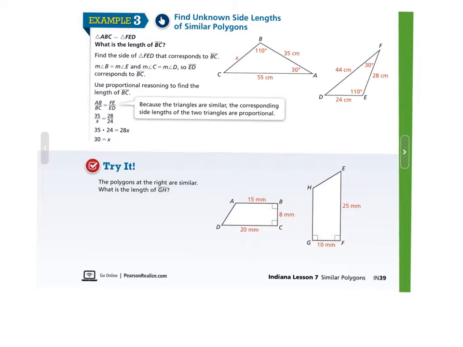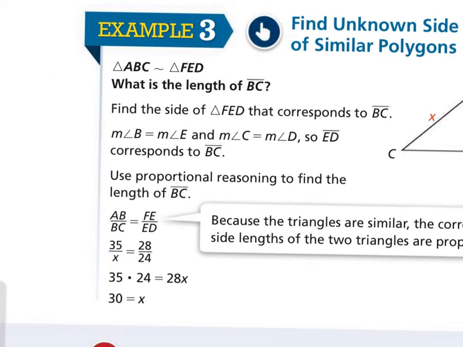Example 3, they want us to find the length of segment BC. And notice they told us triangle ABC is similar to triangle FED. So if we're trying to find the length of BC, we look at our similarity statement here.